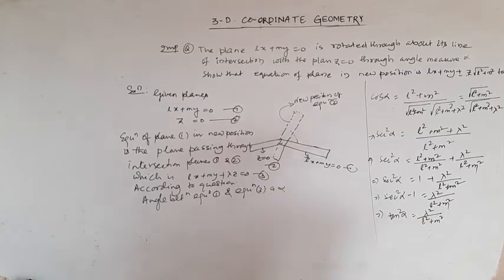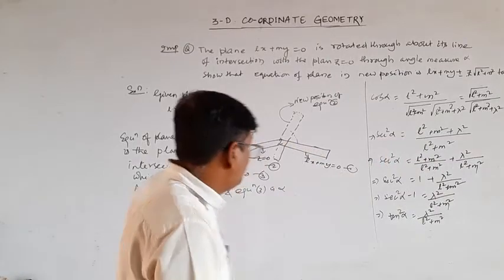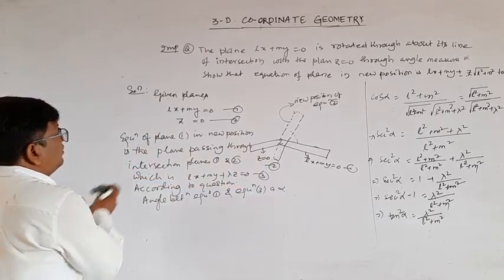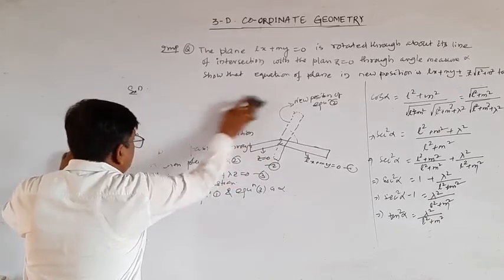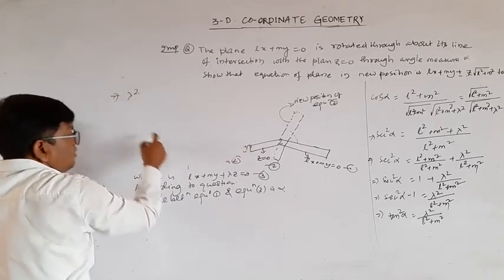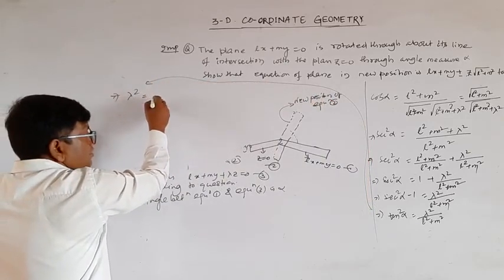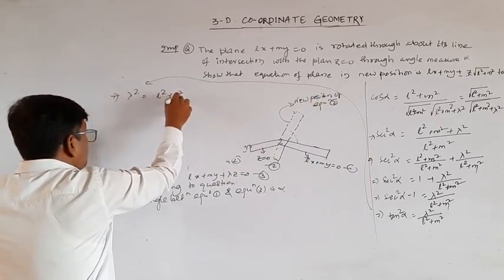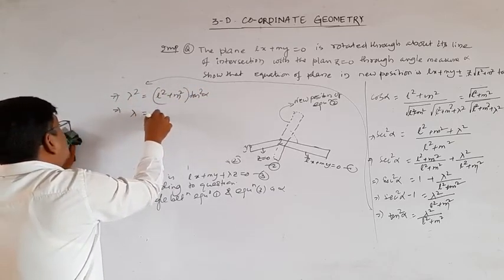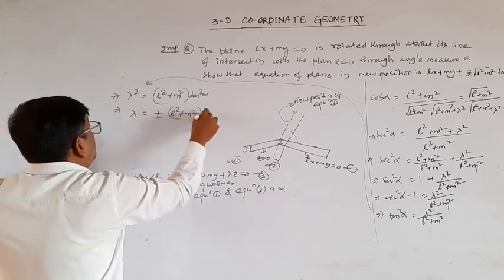That implies lambda square is equal to L square plus M square into tan square alpha. So lambda is equal to plus or minus root over L square plus M square into tan alpha.